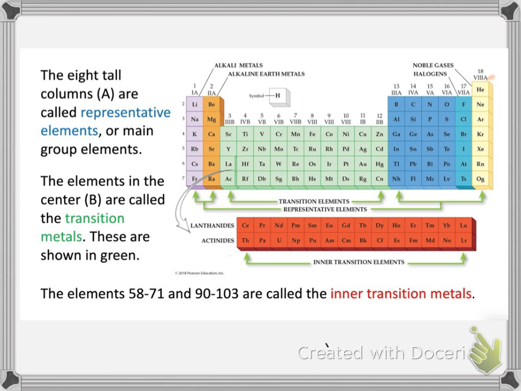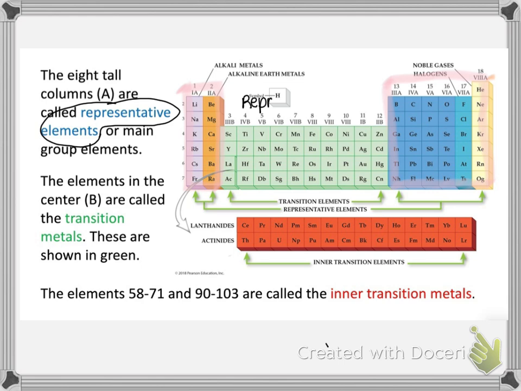Now we also label large sections of the periodic table. We've already learned about metals and nonmetals in a previous chapter, so you can go back and review where those are located. But this is something outside of that. So I'll outline all of the tall columns, and those are all called the representative elements.